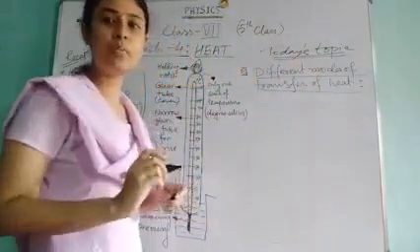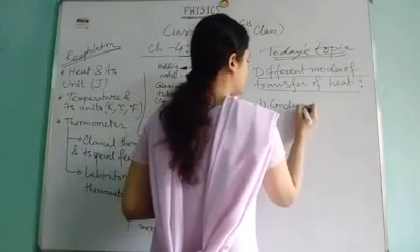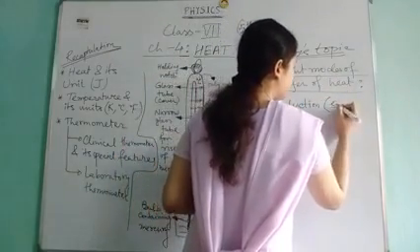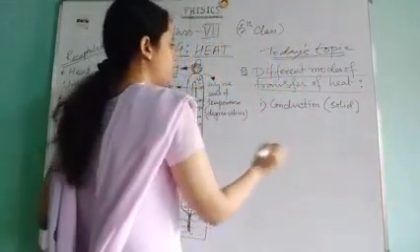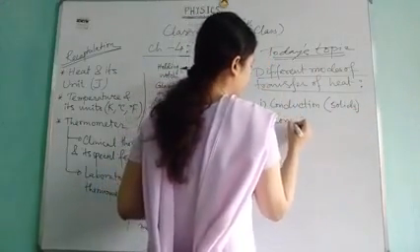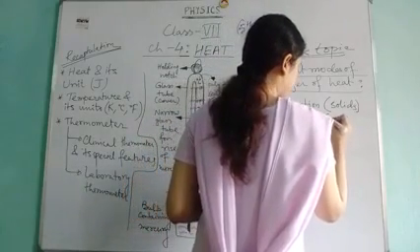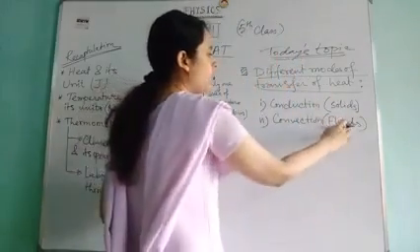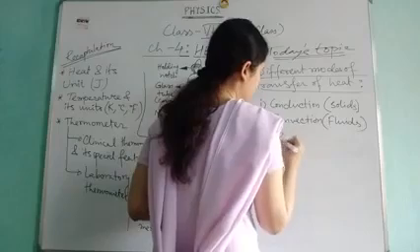So what are the different modes? Number one is conduction. It always takes place in solids. Conduction always takes place in solids. Number two, convection. It takes place in fluids. In fluids, yes, I will tell you what are fluids. And number three, radiation.